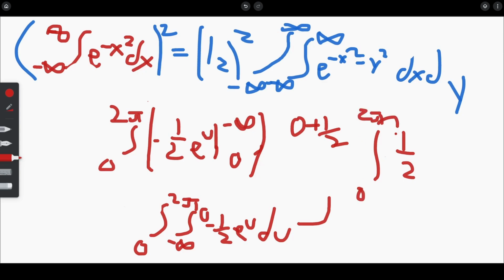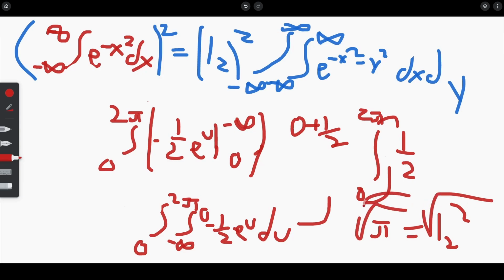So we could just slot these two bounds in. 1/2 times 0 is 0. 1/2 times pi is pi. And now we know that pi is equal to I2 squared. So if we take the square root of both sides, we got our answer.